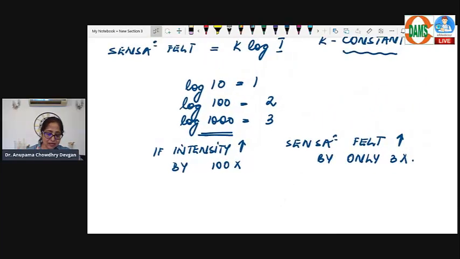If intensity increases 100 times, the sensation felt has not increased by 100 times, it has increased only by 3 times, because the sensation that you feel is proportional to the log of intensity. So the increase is by 3 times.